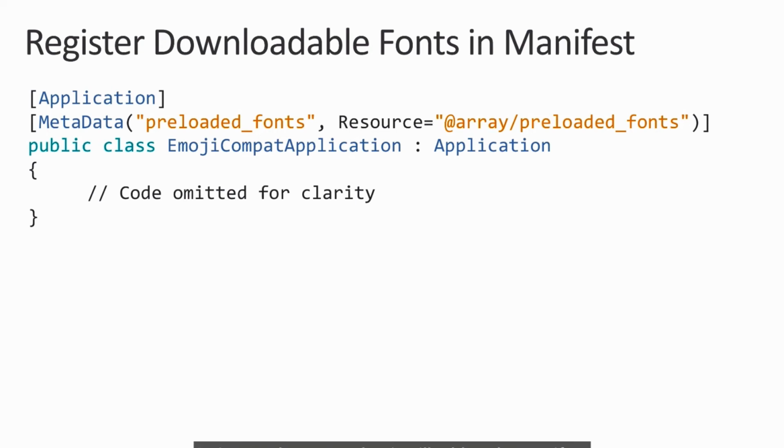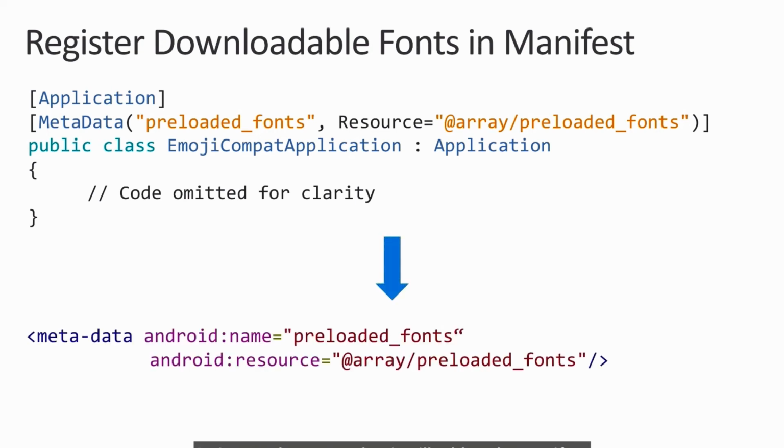So just to show you what it will add to the manifest, it just sticks metadata similar to that in the application. So now when Android starts up the app, it will see that, oh, there is this preloaded fonts property or metadata set. I have to go and download all these fonts for the user, and it will proceed to do so for you.